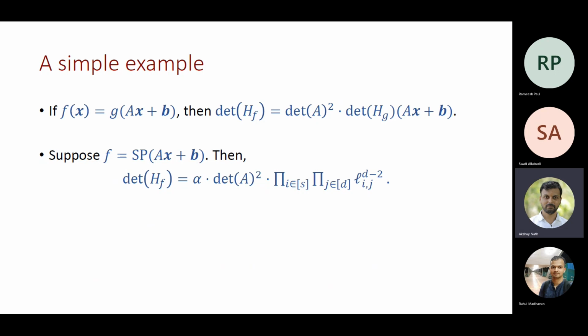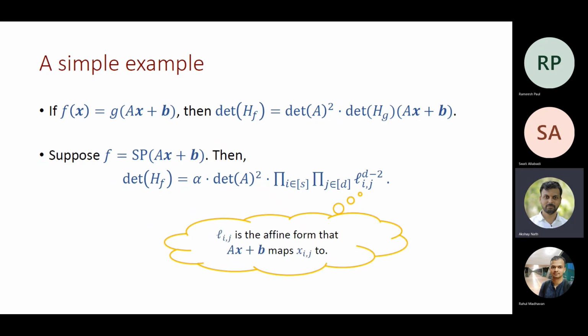So let's say that this f is sp of ax plus b. And the Hessian determinant of f is just alpha times the determinant of a square times the product over i in S, j in d of Lij to the d-2, where the Lij's are affine forms that ax plus b maps the variables xij to.